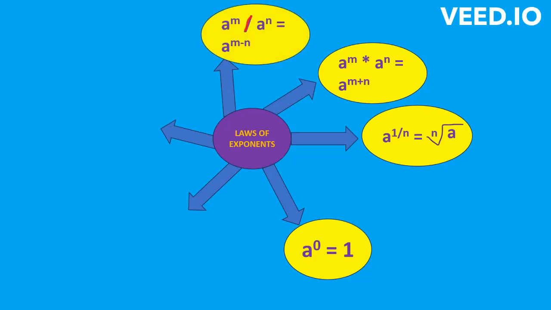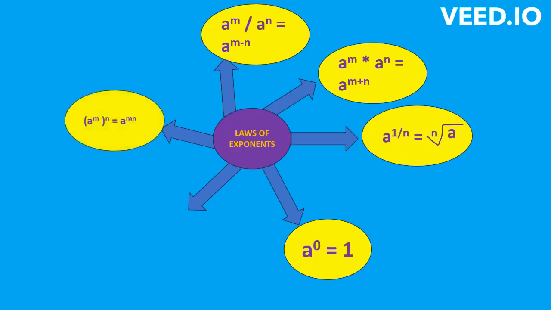Here we are dividing these two expressions, a power m and a power n. The base is the same, exponents are different. We keep the base as is. We do numerator's exponent minus denominator's exponent.